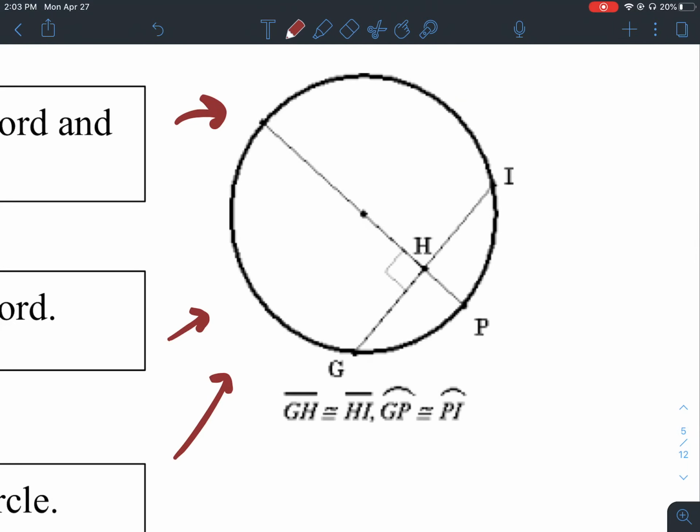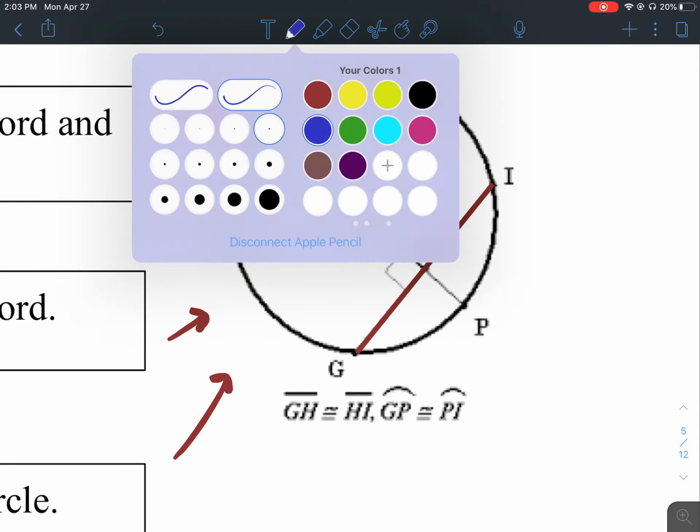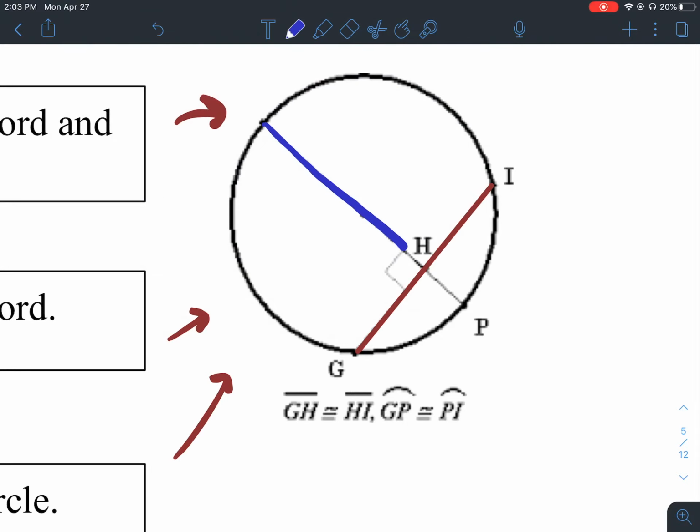So let's say, okay, we've got this here. I've got my chord, and I have my diameter, or I could have it just start at point H, and I could just be looking at the radius. This works as well.